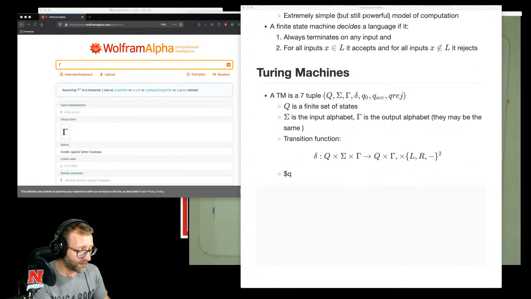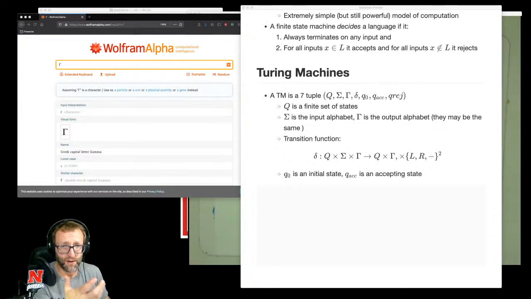Q naught is the initial state. Q accept is the accepting state. Unlike a finite state automaton, where you can have multiple accepting states, you can have multiple accepting states in a Turing machine, or you can just change it so that you only have one, right?